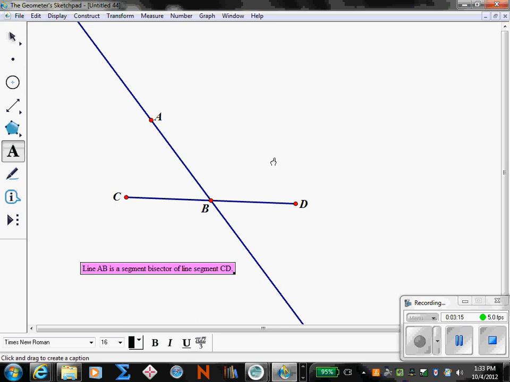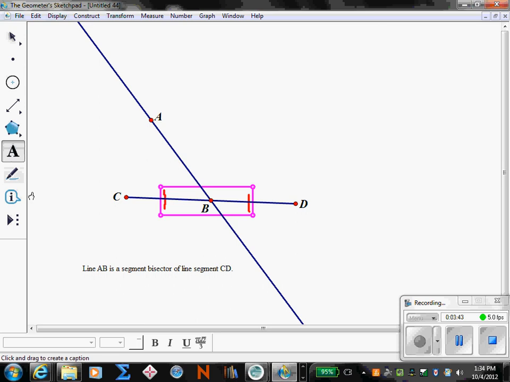Okay, why don't you go ahead and take a picture of that or snapshot of it and insert that into your notes. Okay, you'll want to include the markings to show what's congruent. So I'm going to mark line segment CB is congruent to line segment BD. Okay, that's what a segment bisector does, is it makes two congruent segments.